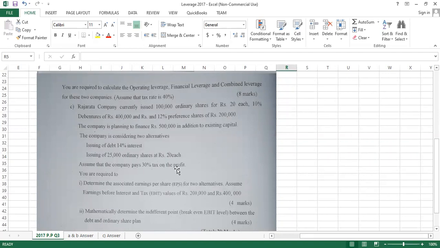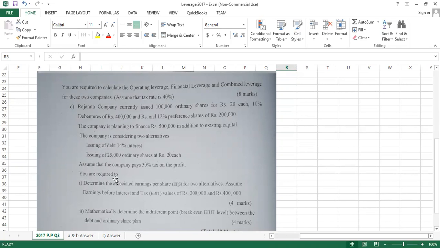The company is considering two alternatives. First alternative is issuing debt at 14% interest, that is the debt plan. Second is issuing 25,000 ordinary shares at rupees 20 each, that is the equity plan.